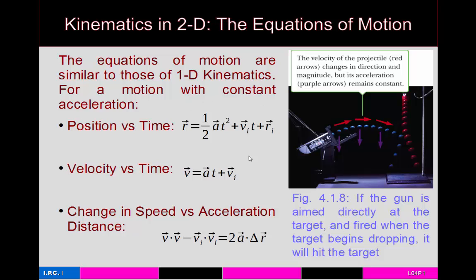This is the same equation that we used in 1D motion. It's just that now each of these maybe has 2 or 3 components to it. And likewise for velocity versus time, the change in speed versus acceleration and distance equation looks a little bit different in that you end up using dot products to keep track of the vector form of everything. But you could in principle apply it.